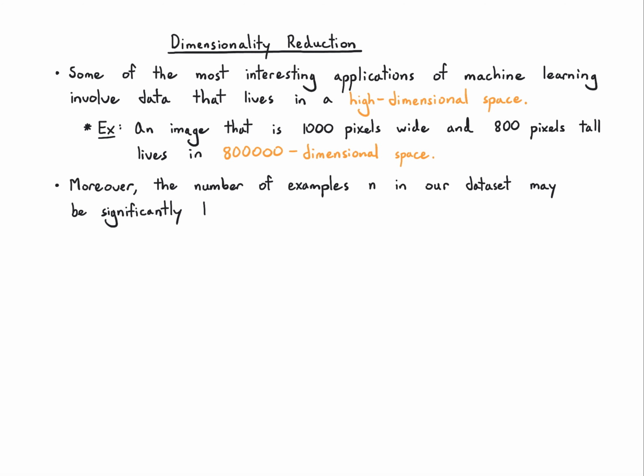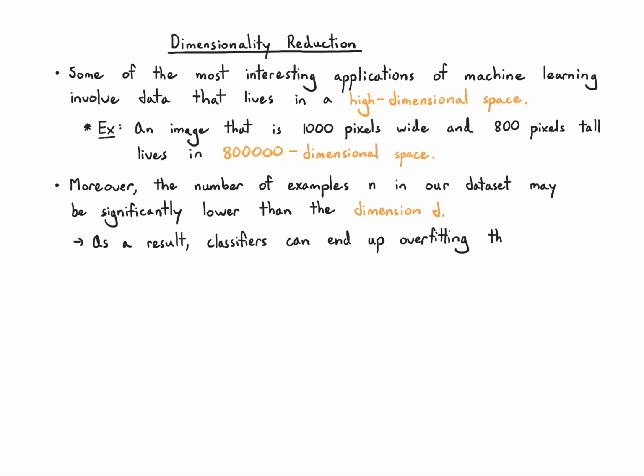And so we might have fewer examples n than the dimension d of our data set. Then we might end up overfitting the data. So maybe we have a classifier and it reads into the specific examples that we have too much and we don't do as well as we could.